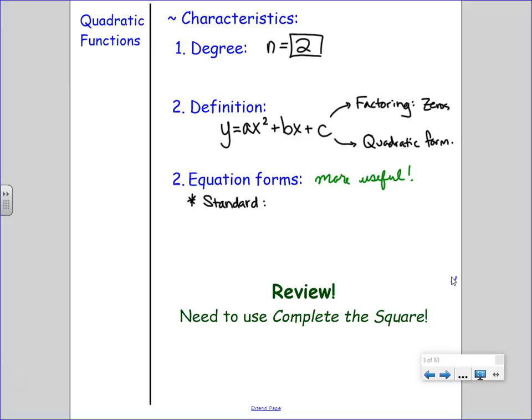But there is a better form, and the better form is also useful for seeing the transformations, seeing the vertical shift and the horizontal shift if there is one, and the stretch.